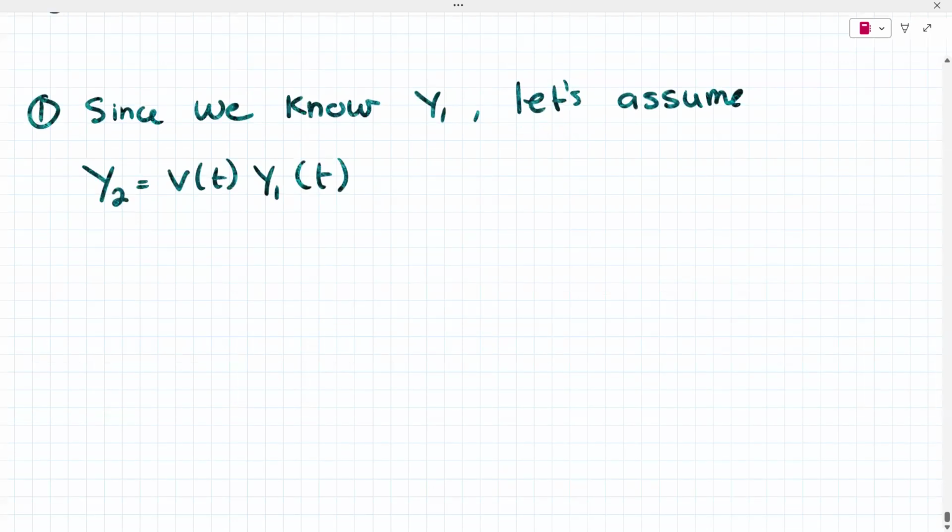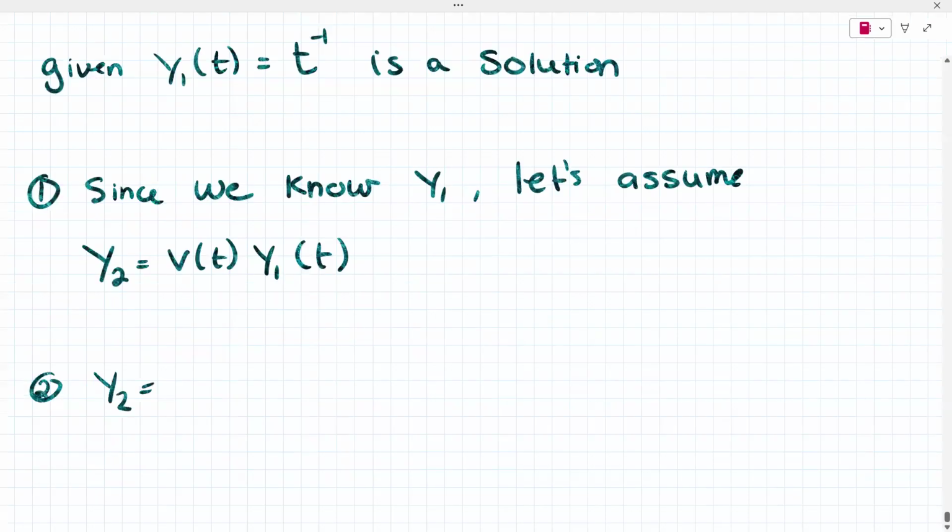Step 2: y2 is going to be t to the -1, because y1 is t to the -1, times v. Okay, so this is going to be your f, and this is going to be your g.